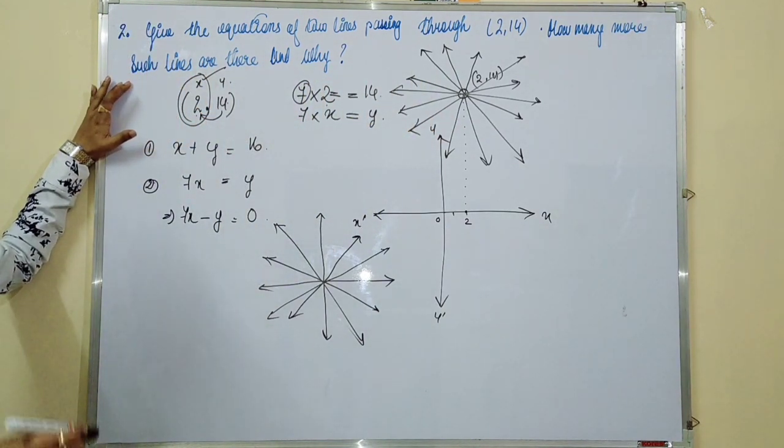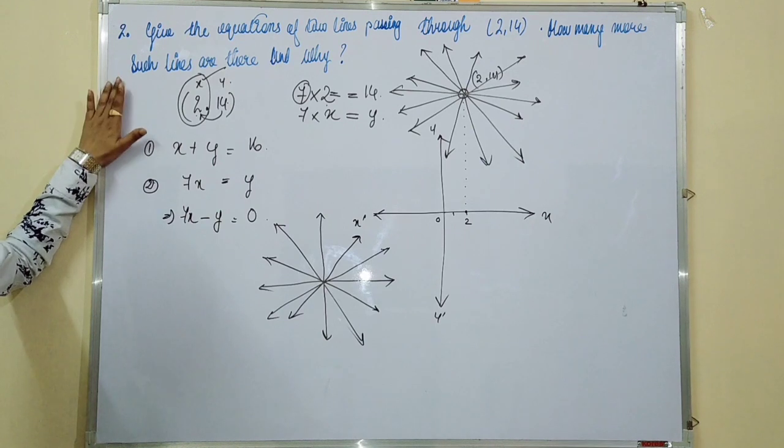There are infinitely many lines passing through the given point, because that reason is very well known to you: there are infinite lines which pass through a given point. So with this we complete this question. Now we will be moving to the next question.